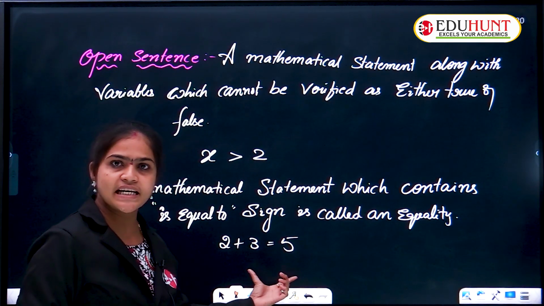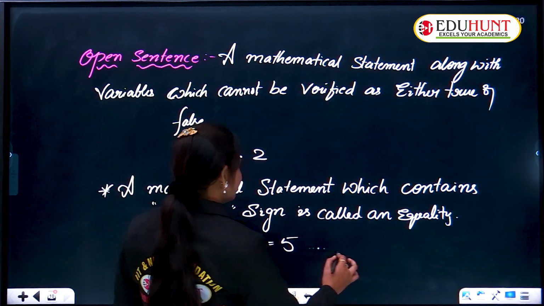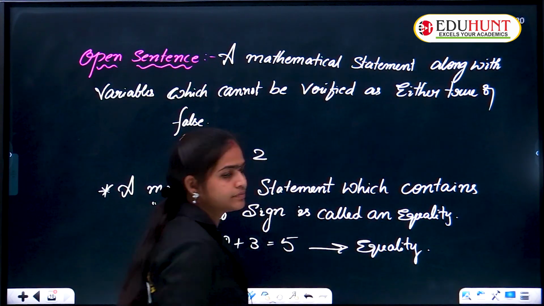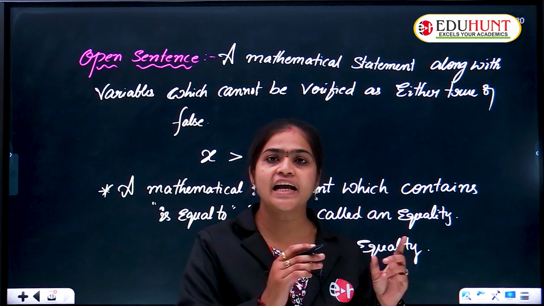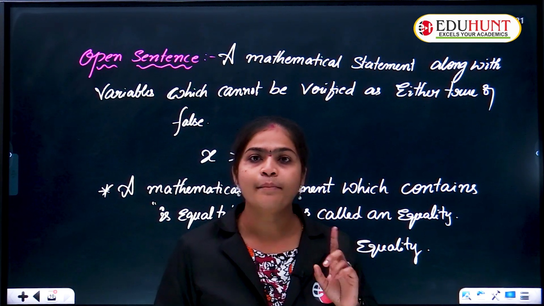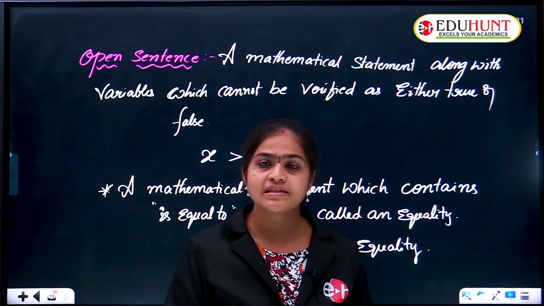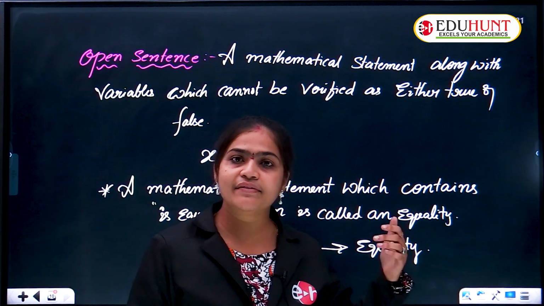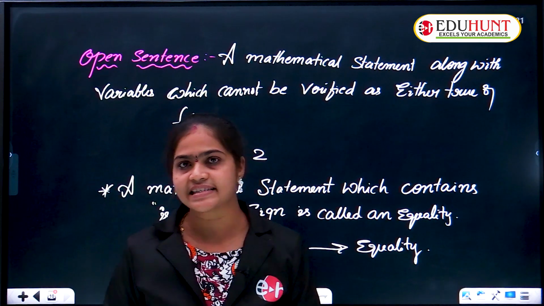Such kind of sentences are called equality. Understood, ma? So what we learned here: a mathematical sentence which can be expressed as either true or false is called a mathematical statement. And a mathematical statement with variables, where we cannot say whether the given sentence is true or false, those sentences are called open sentences.